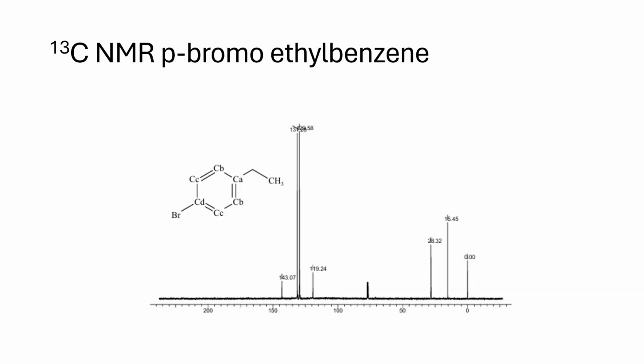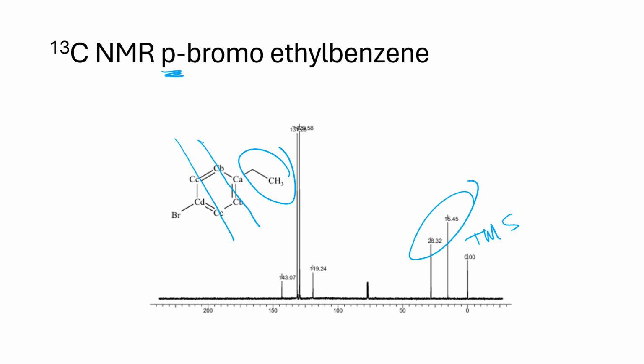This has the ethyl, and this is 0, that's your TMS. These two are the ethyl here. And then in the aromatic region, remember this is the para pattern, so these two are the same, these two are the same, and this is different to that. So that's why in the aromatic region you have 4 signals.